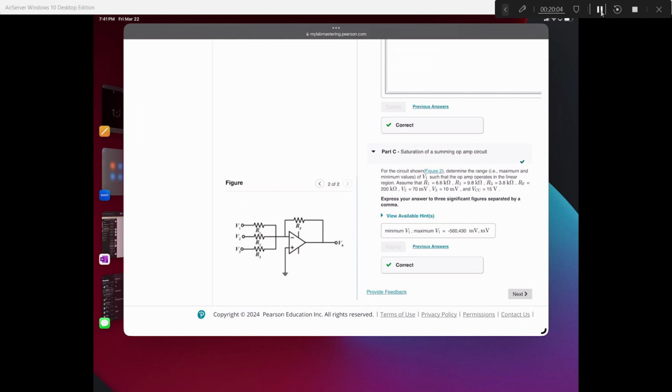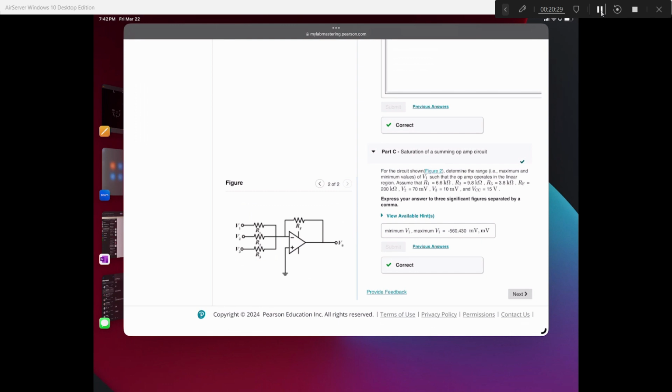Assume that R1, R2, R3, RF are given, along with V2, V3, and the limit is 15. So since our limit is 15, that's going to be our maximum for V out. So VCC is going to be equal to V out. And then we'll plug in the rest of the numbers.